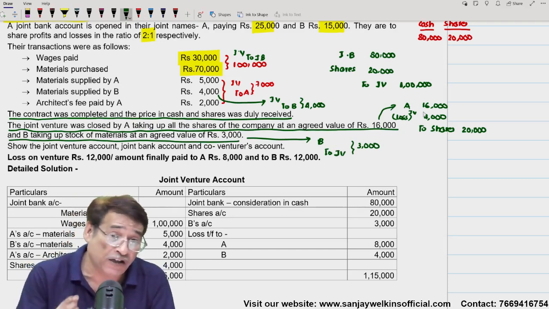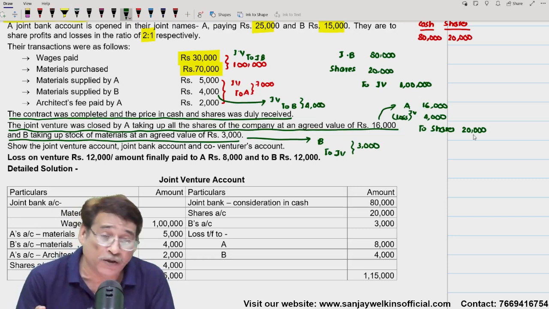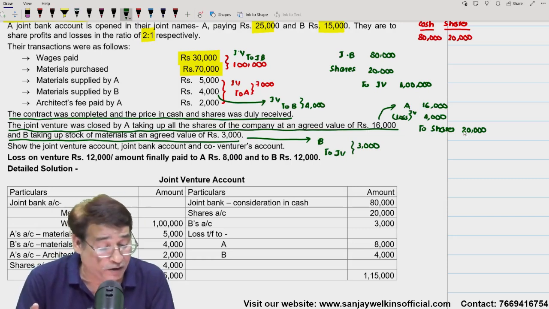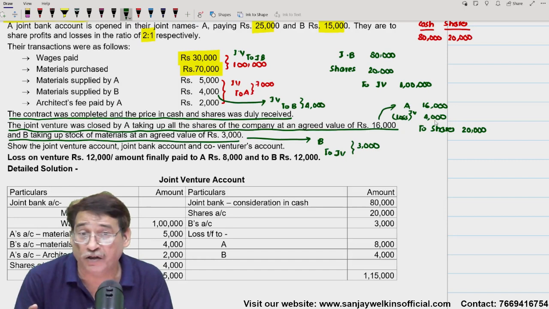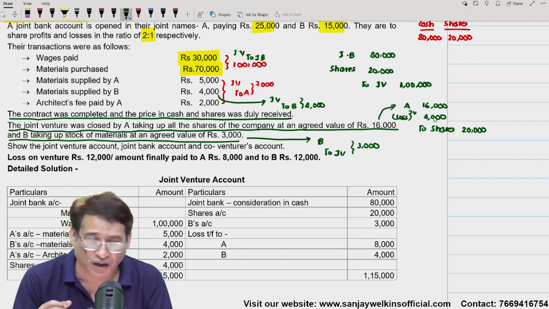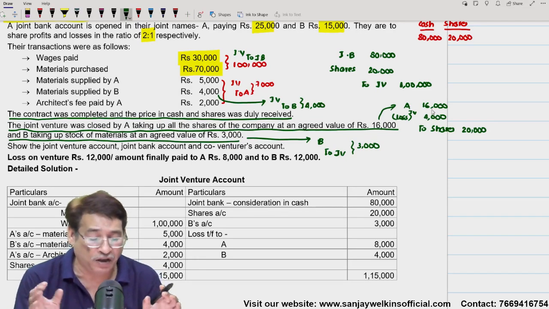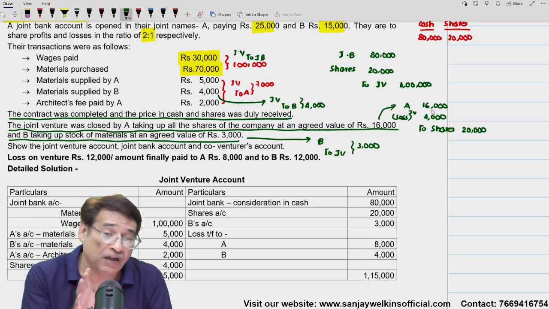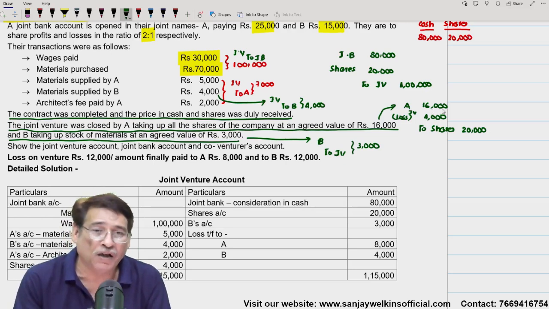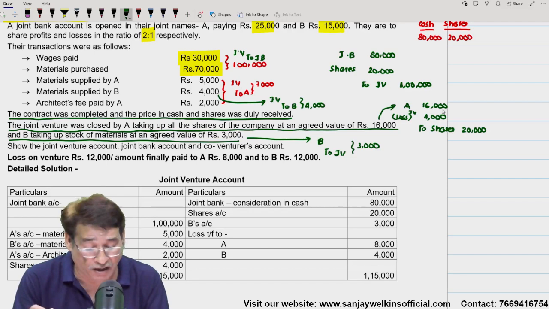But when shares are taken over, I haven't written A account debit to joint venture. I have written A account debit to shares account, and the difference will be debited to the joint venture account, and this difference will be considered as a sort of loss. Is it clear to you or not? Is it clear? So these are the things. In case of shares, you will have to be a little bit more clear regarding this particular point.